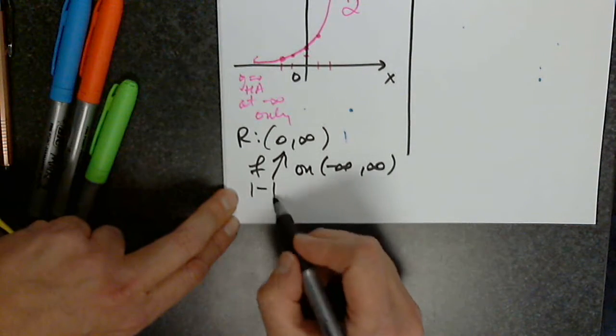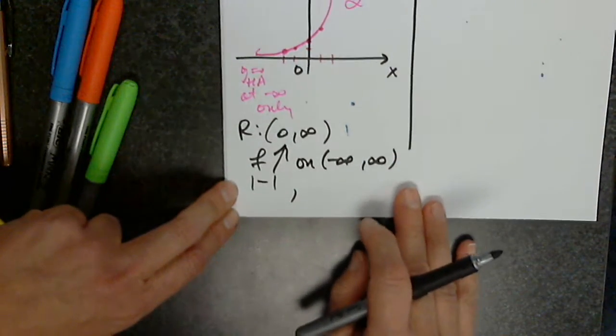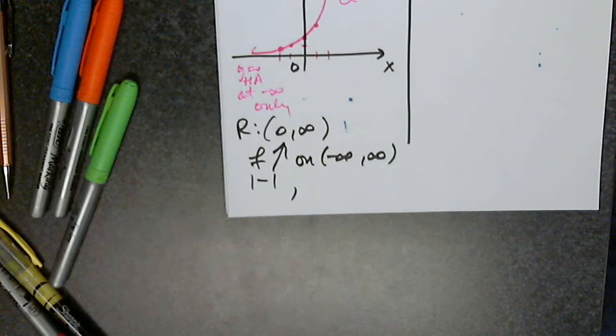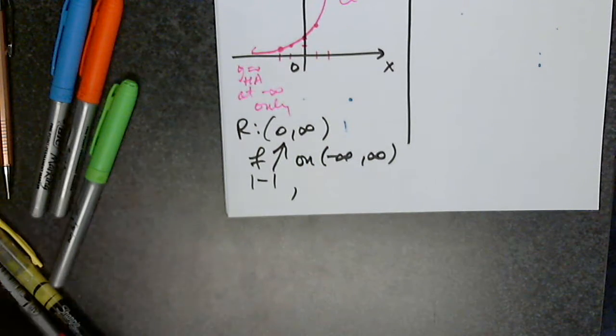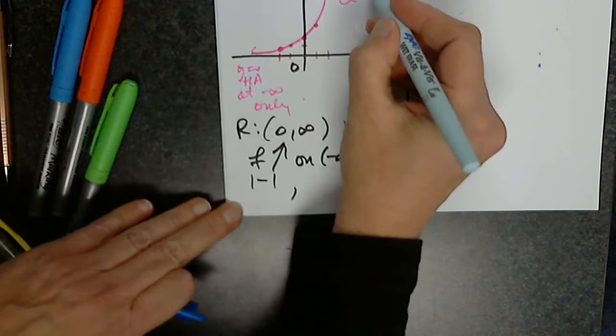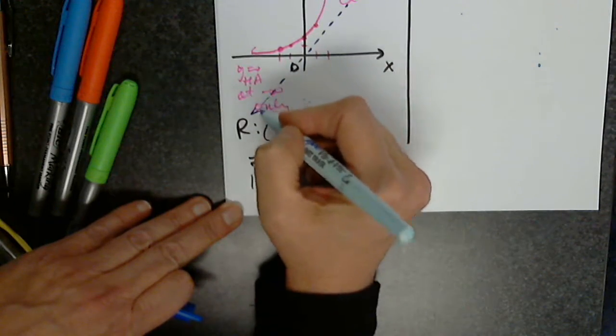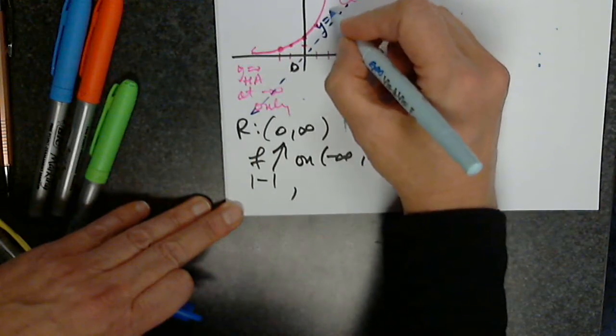Of course. Does it have an F inverse? Can I graph it? I have no idea what the F inverse is, but can I graph it? How? Exactly. I reflected with respect to which line? I reflected with respect to y = x.